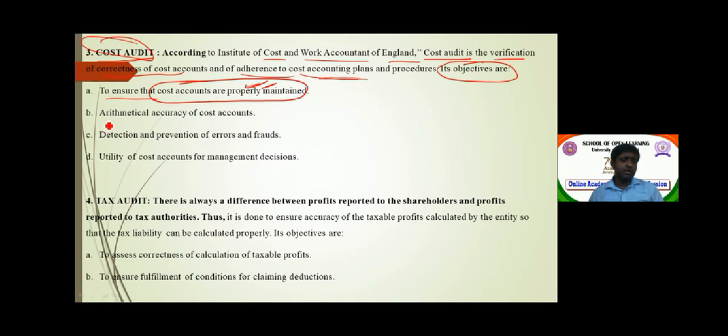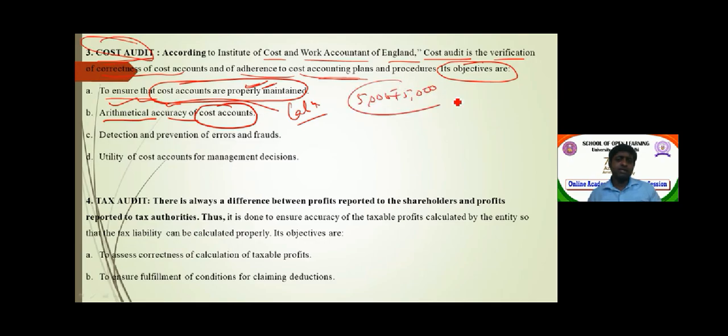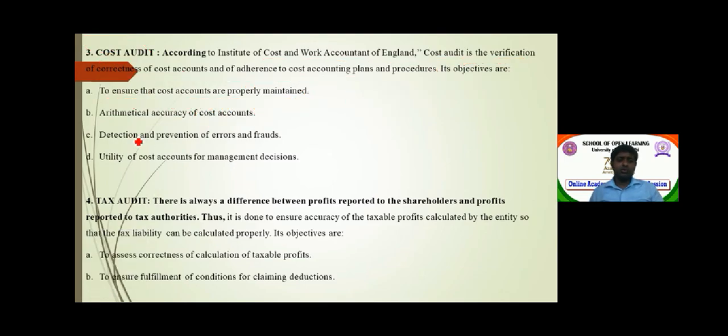Then we talk about the arithmetical accuracy of cost accounts. What is this arithmetical accuracy? Whatever calculation we have done, let's say if I am adding certain values, like 5,000 plus 5,000 or 5,000 minus 2,000, of course we are going to take up this arithmetical accuracy of the cost account.